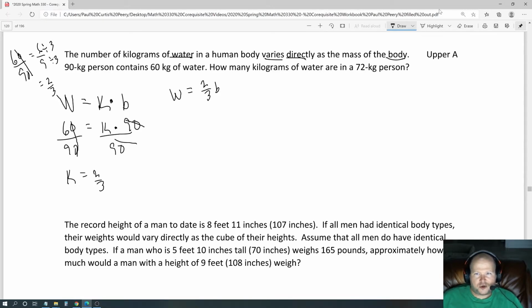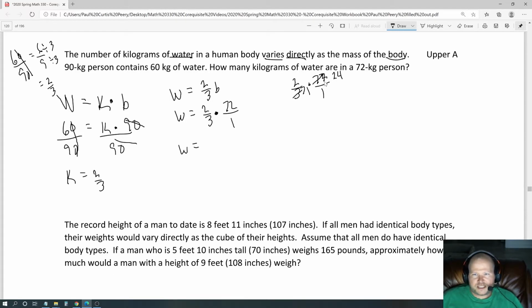So they say, how many kilograms of water are in a 72 kilogram person? So we say W is equal to 2/3 multiplied by 72. So we end up with W is equal to, you could multiply straight across, where 72 is understood to be over a 1, or you could just use your calculator. That would be even better. Before you multiply, you can divide both 3 and 72 by 3. So 3 divided by 3 is 1, and 72 divided by 3 is 24.